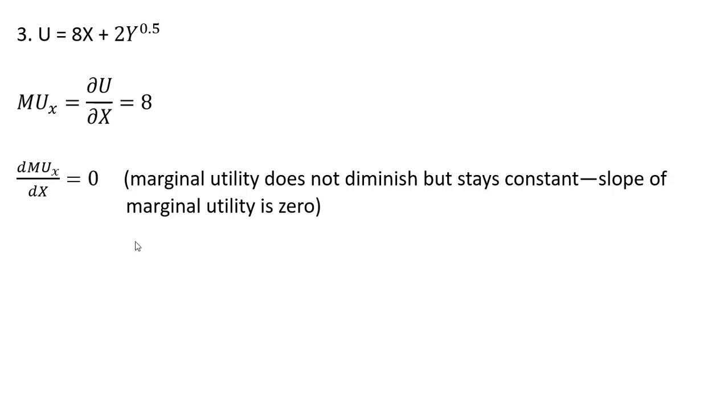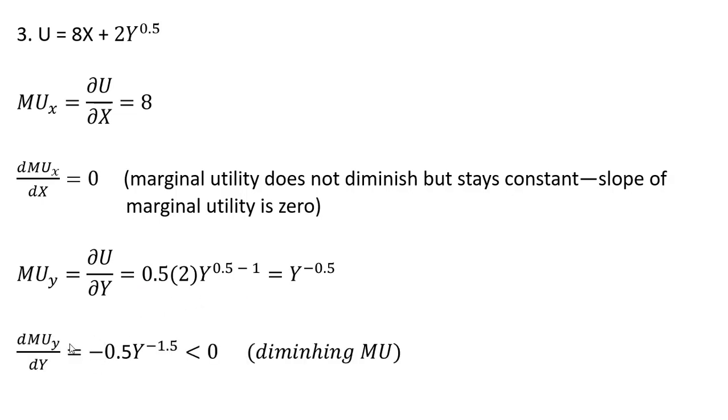So we do not have diminishing marginal utility here. We have constant marginal utility. And as for good y, the marginal utility of good y is positive. But the marginal utility of good y, if we were to take the derivative of it, we'd find that it is negative. So we have diminishing marginal utility for good y.